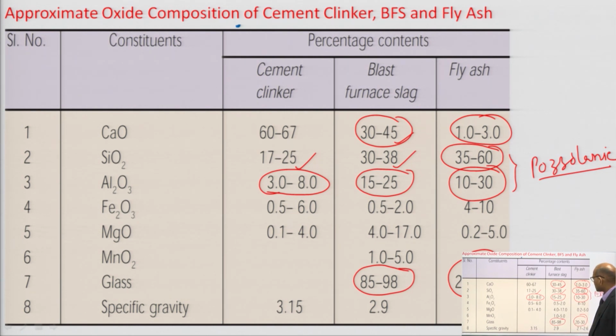And the specific gravity of cement is around 3.15, blast furnace slag is a little less, 2.9, and fly ash ranges around 2.1 to 2.6. So, these are the approximate oxide composition and some physical properties of cement, blast furnace slag and fly ash.